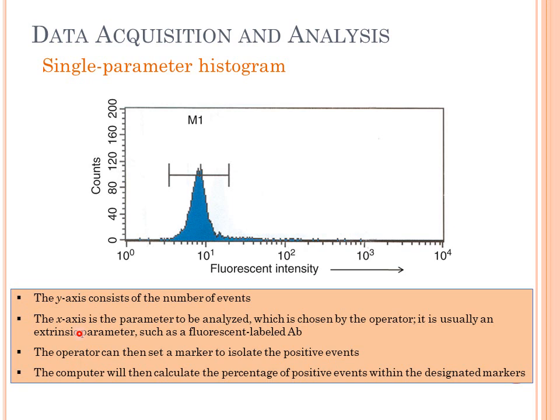The x-axis is the parameter to be analyzed, and that's chosen by you, the operator. It is usually an extrinsic parameter, such as a fluorescent labeled antibody. The operator can then set a marker to isolate positive events. We'll look at that in a moment. And then the computer does the hard work for us and calculates the percentage of positive events within the designated markers.